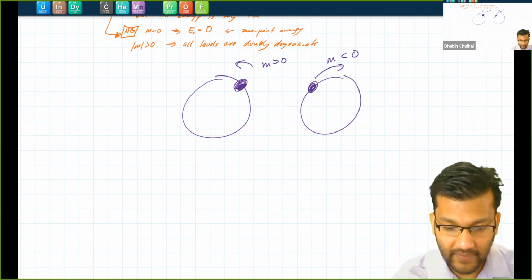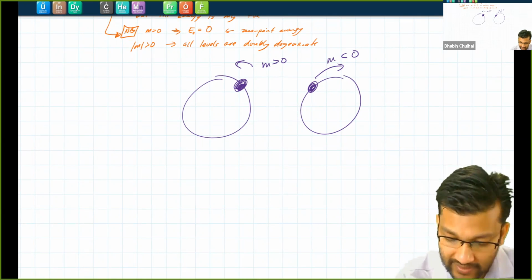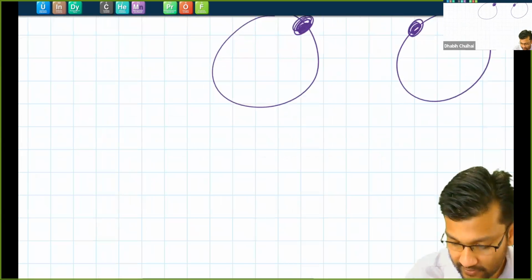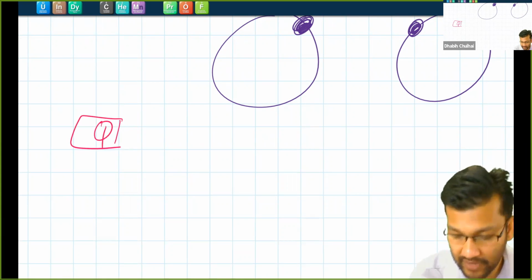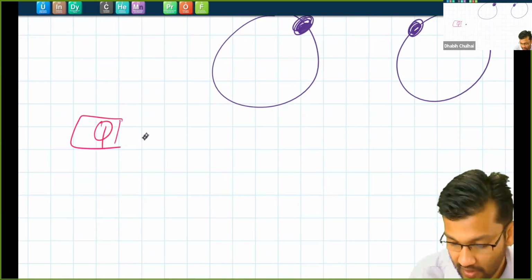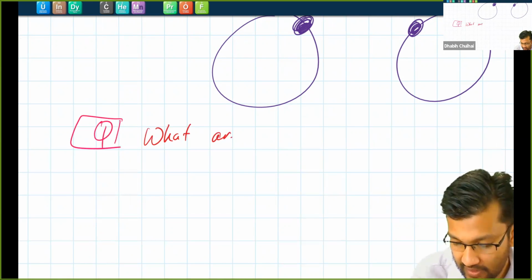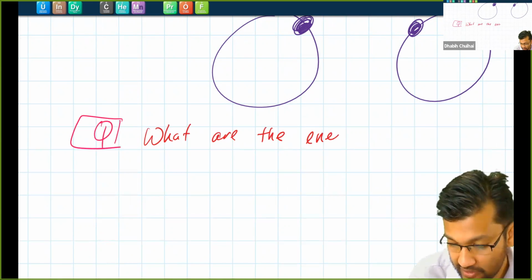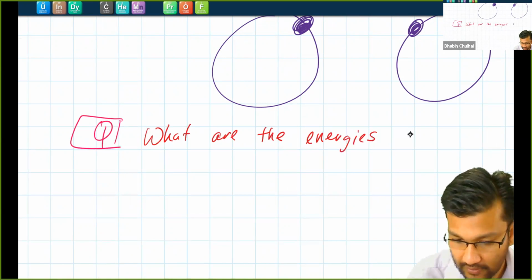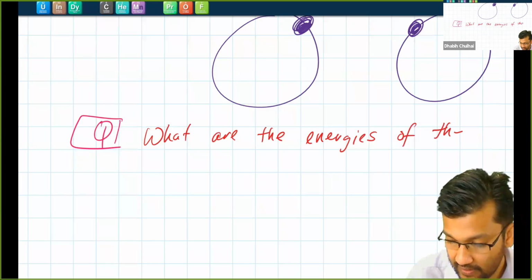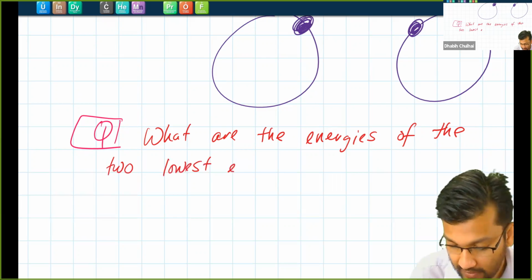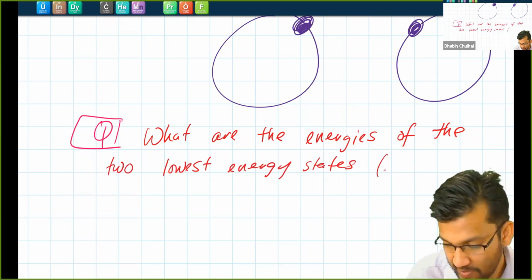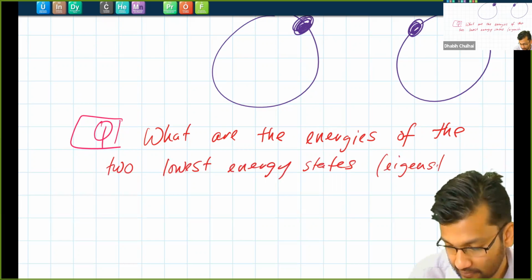All right. With that, I want to pause there because we did a lot of derivation, and I want you to practice some questions. I want you to find the energies of the two lowest energy states. Sometimes people call these eigenstates.